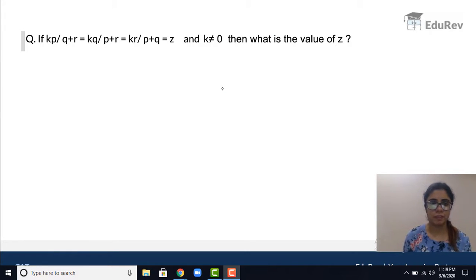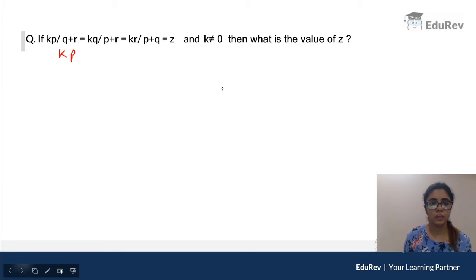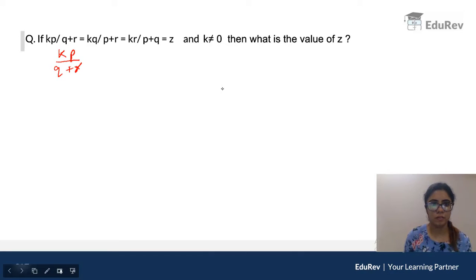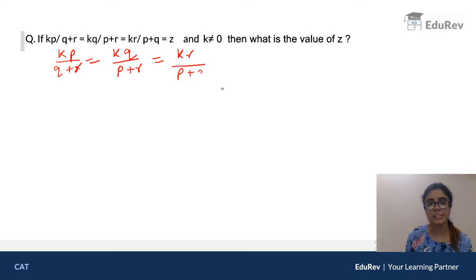What does it say? It says if Kp upon Q plus R is equal to Kq upon P plus R is equal to Kr upon P plus Q is equal to Z, and K is not equal to 0, what is the value of Z? Okay, what is the value of Z? We just learned one property.